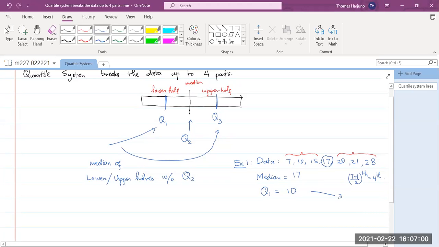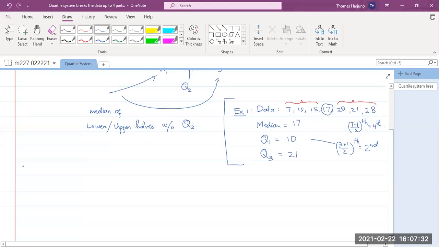Okay, there are 3 data in that lower half plus 1 divided by 2. We get the second data. Okay, now the third quartile will then be the second data from the top. In this case, will be 10. Okay.